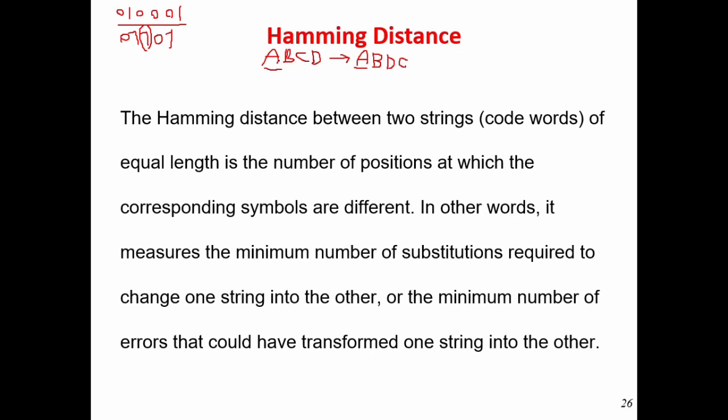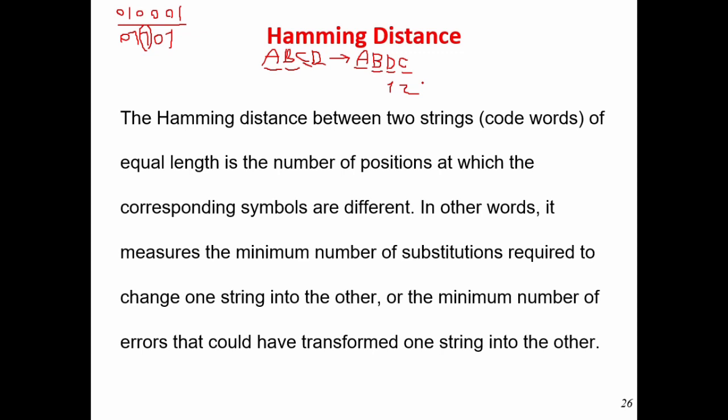These are the same. This means Hamming distance is 0 by now. The second one is the same. Hamming distance again is 0. The third one is different. So Hamming distance is 1. And the last one is also different. Hamming distance is 2.